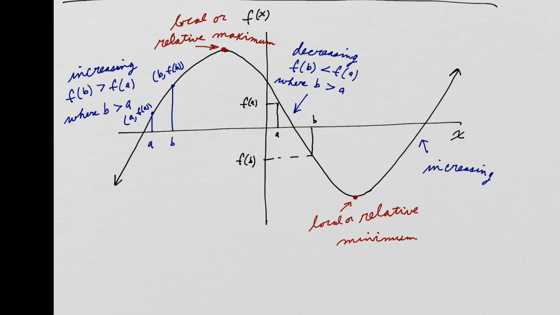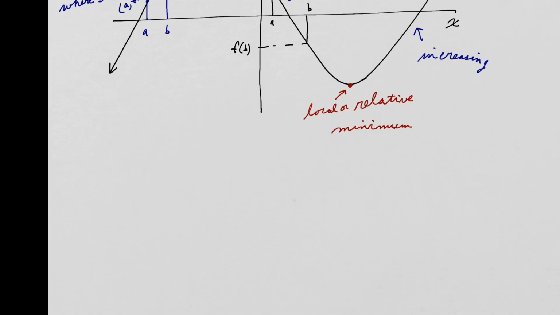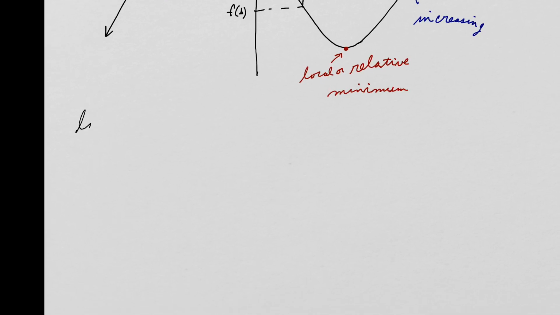Okay, the other way of thinking about the local maximum, local minimum is the following. So you can define a local maximum as being where the function changes from increasing to decreasing.